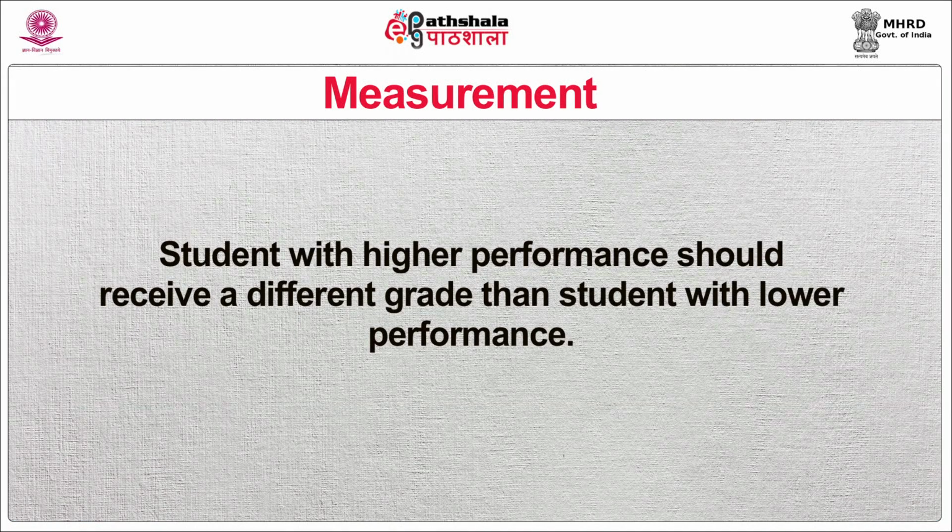Performance of the student in the class is represented by the grades. Students with higher performance should receive a different grade than students with lower performance. Hence, simple concepts like grading of students can be done in many different ways. Therefore, measurement is the process where the researcher, for a predefined research problem, observes and records the observations.